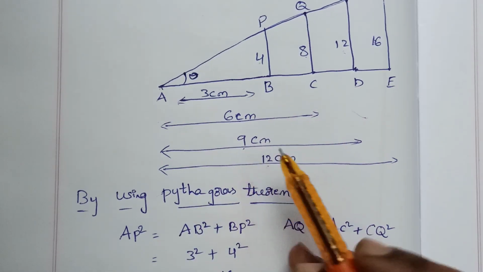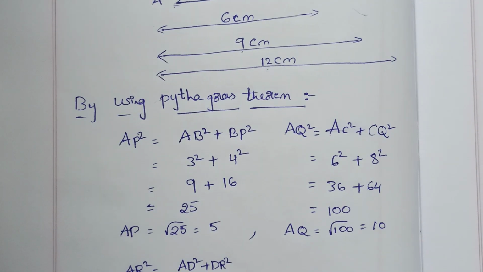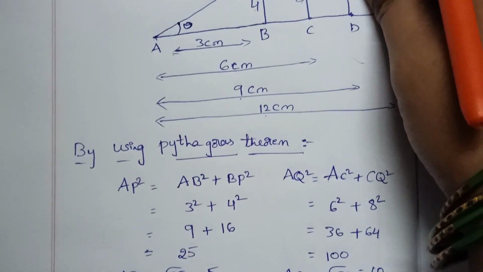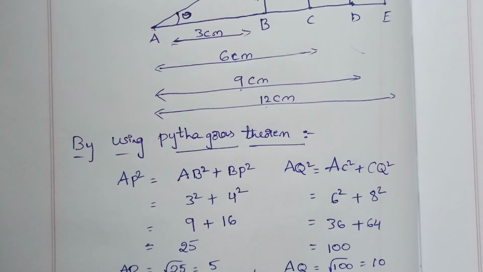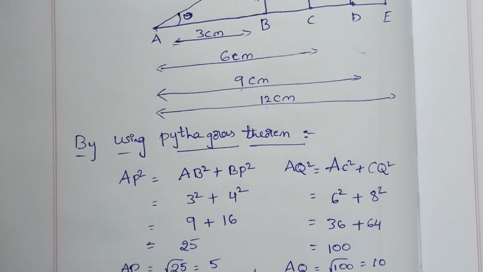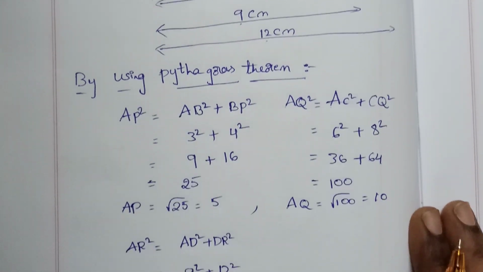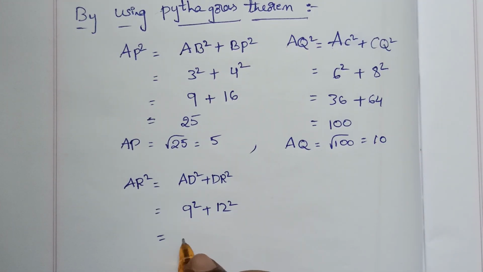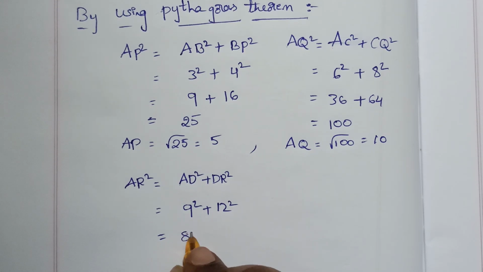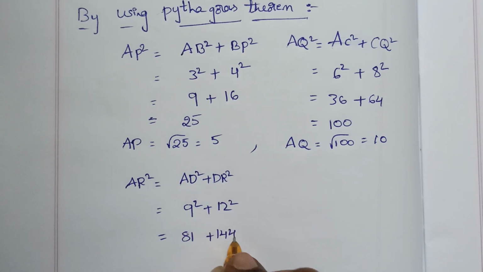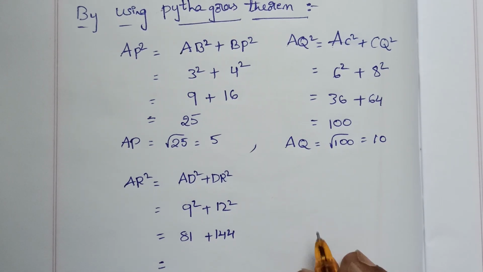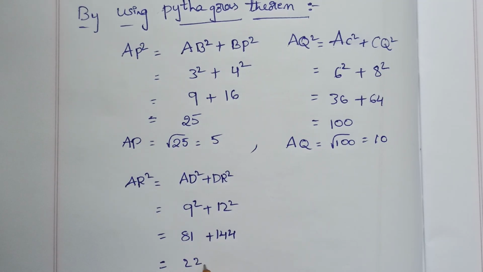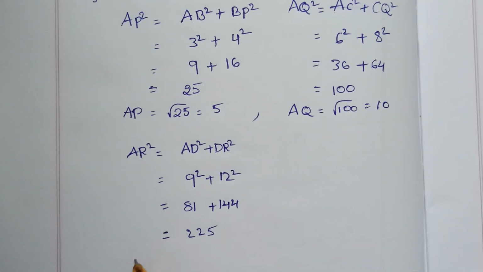The length of the AD is 9 centimeters, 9 square plus the length of DR is 12 centimeters, 12 square, that is equal to 81 plus 144, that is equal to 225.